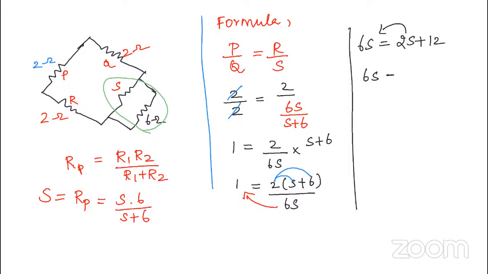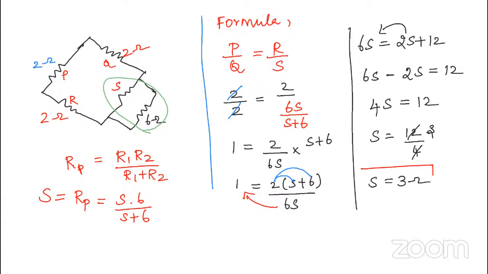Then it is 4S is equal to 12, and S is equal to 12 by 4. So this is 3 times. Okay, this is 3 times. So S is equal to 3 ohms.